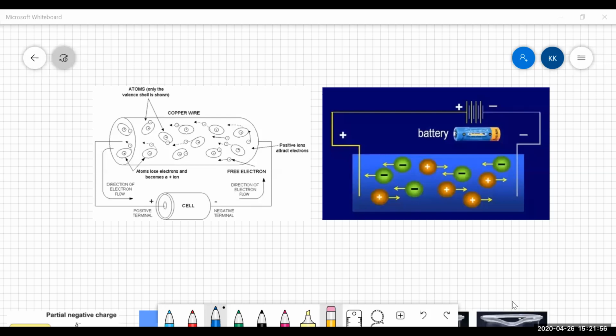So a battery has chemical reactions that produce and use up electrons, and we're going to do lots more of this in Year 12. So we've got chemical reactions here. They produce electrons or use electrons.